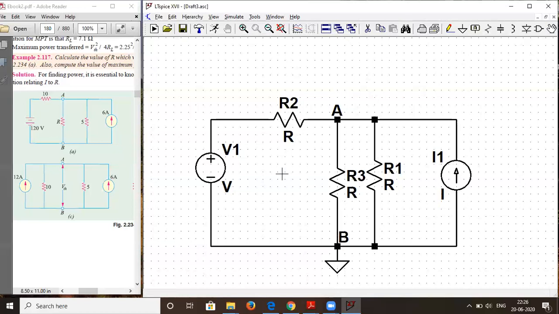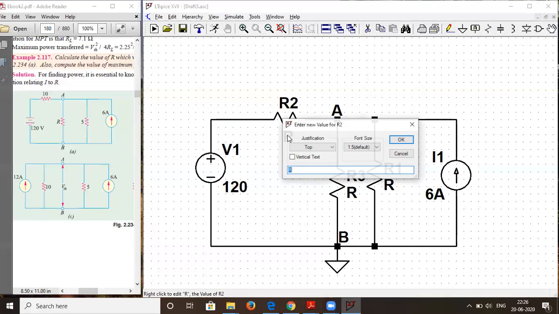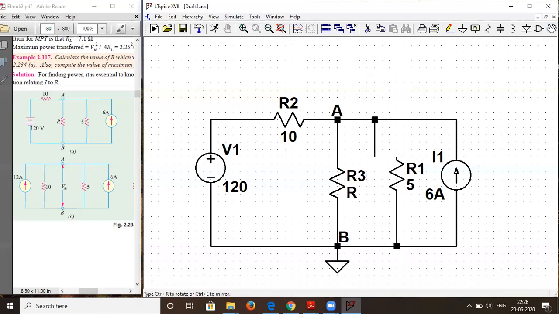So all these connections are made. Now we need to apply here 120 volts. Here we have around 6 amperes of current. This resistor is 10 ohms and this resistor is around 5 ohms. So we are supposed to find the unknown value of this R. Let me just label the circuitry.